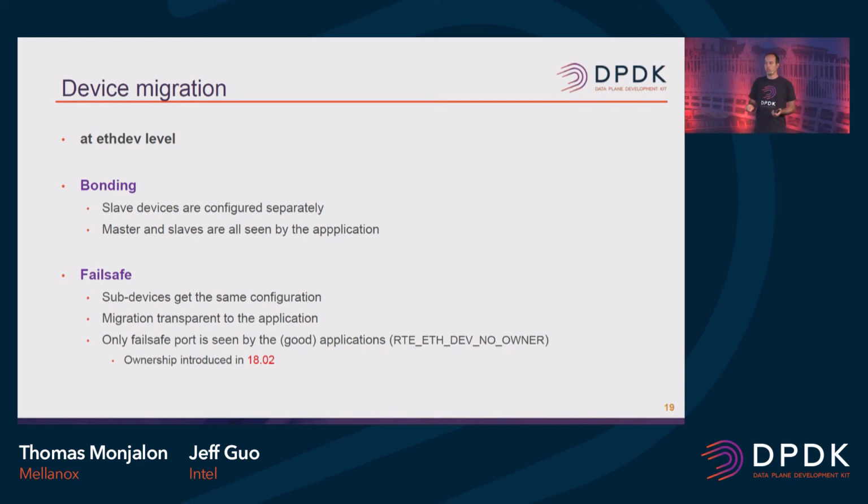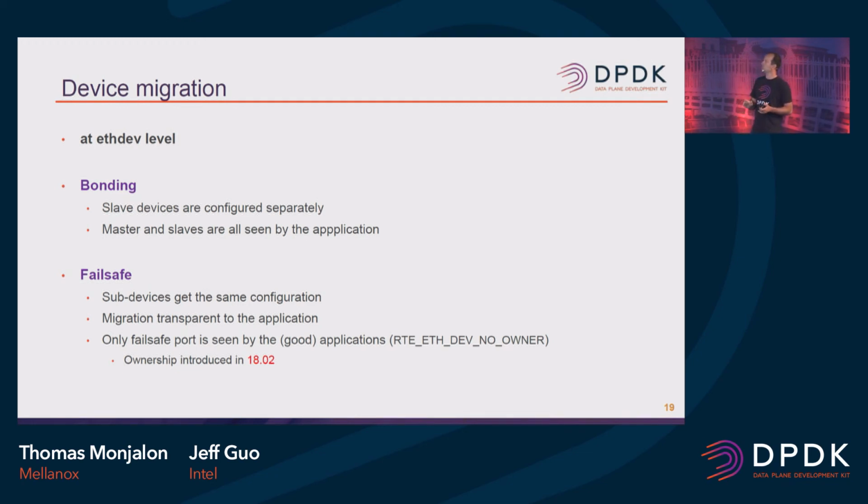So one solution is to bond your hardware device with the virtual device, VFIO or NetVSC, and you manage to switch from one to the other before doing the migration. There is another solution, another driver in DPDK, which is called failsafe.